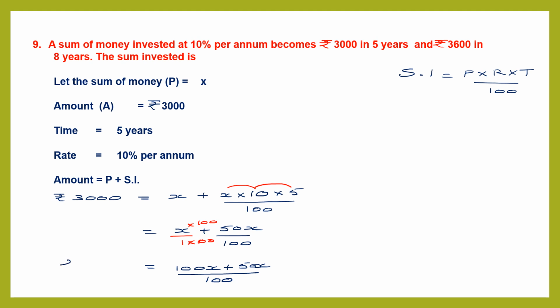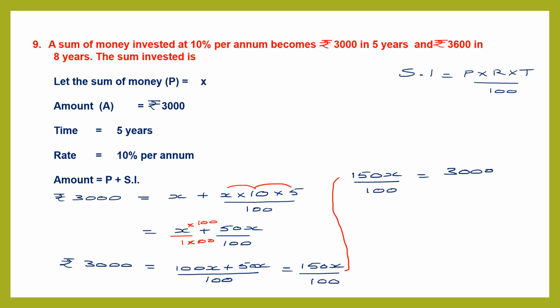So 3000 rupees here is equal to 100x plus 50x, which is 150x by 100. So now we can solve for x. So 150x by 100 is equal to 3000.